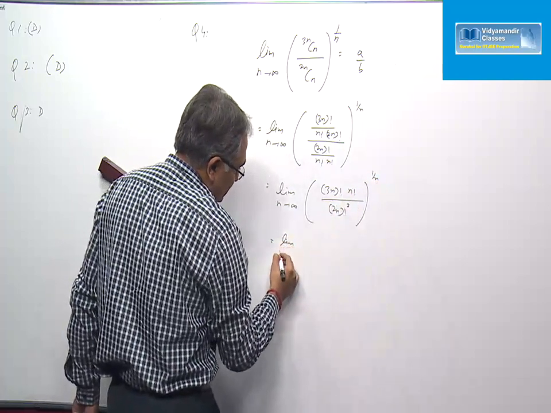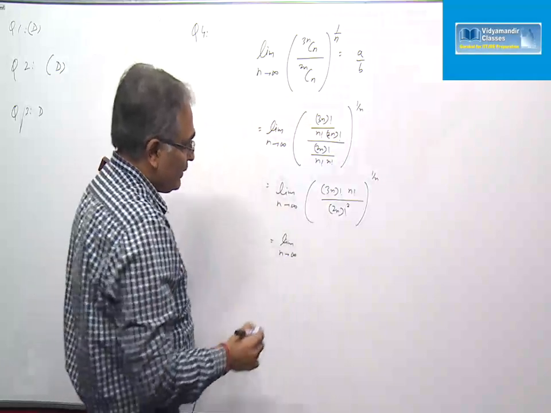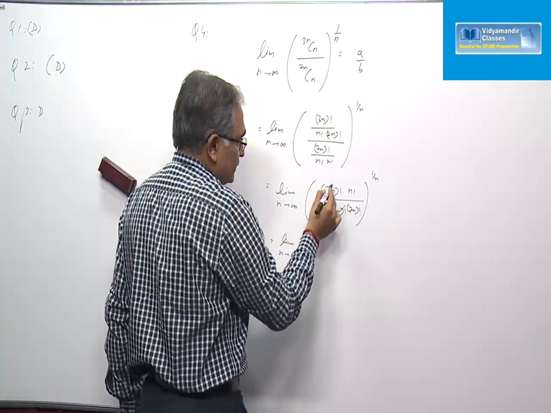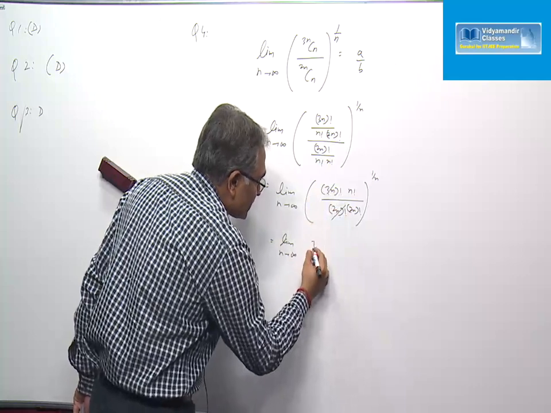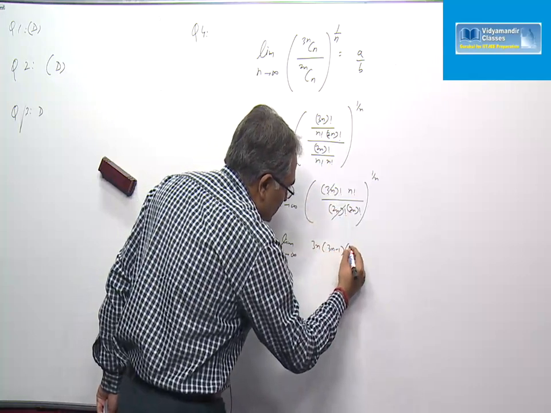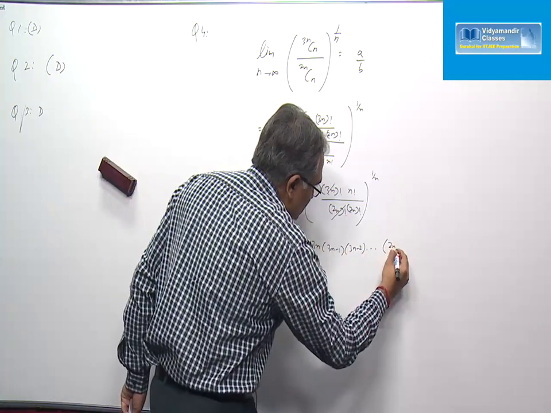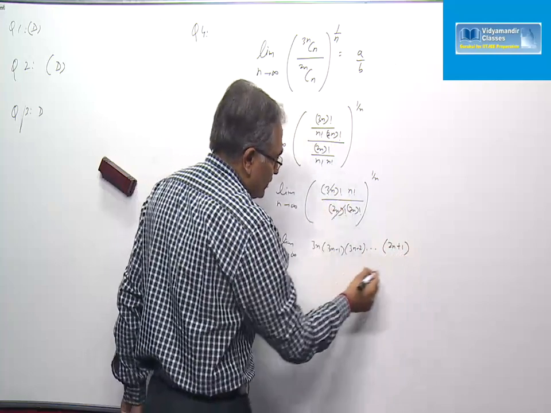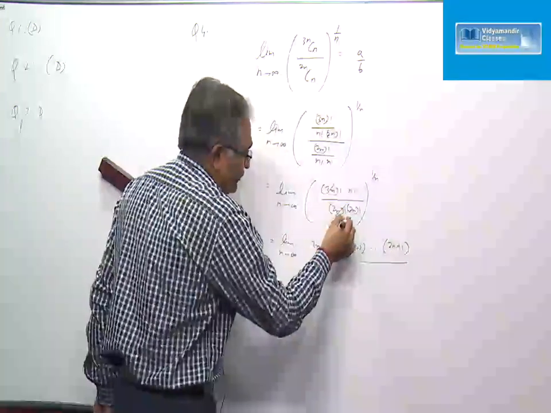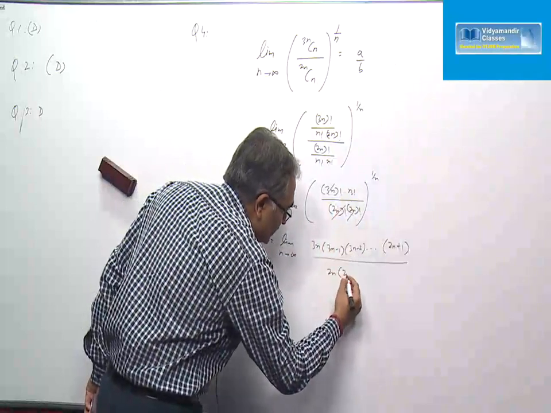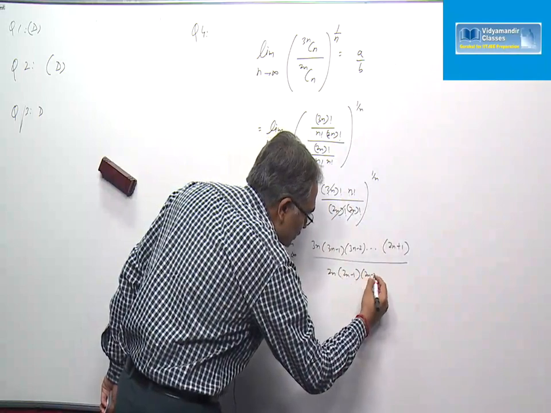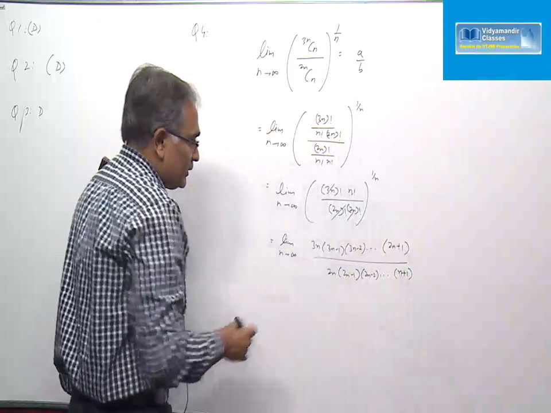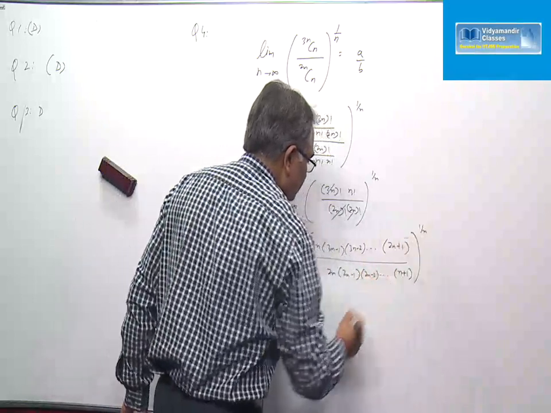Now this will be equivalent to the limit where you are left with 3n, 3n minus 1, 3n minus 2 up till 2n plus 1, and cancelling this n factorial with 2n factorial, we are left with 2n, 2n minus 1, 2n minus 2 up till n plus 1, whole to the power 1 over n.